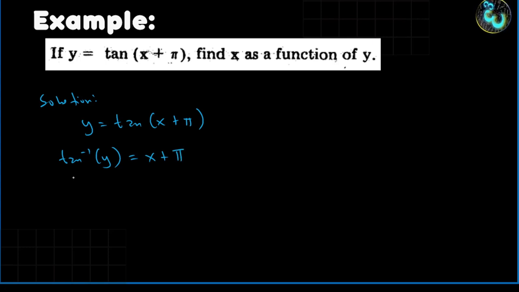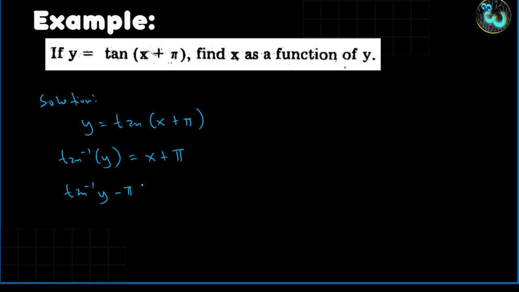Then solving for x, we need to move our pi here. So arctangent y is equal to x plus pi, because we're going to transpose our pi to this part of the equation, so that will be negative.